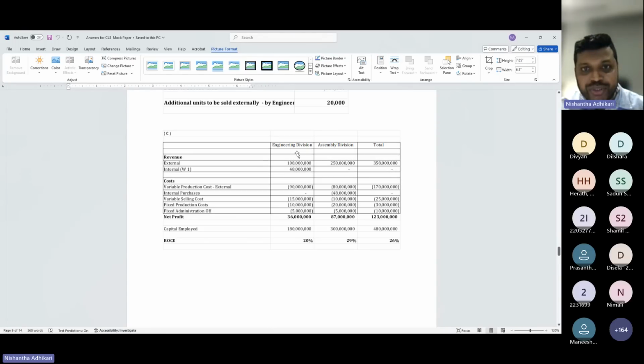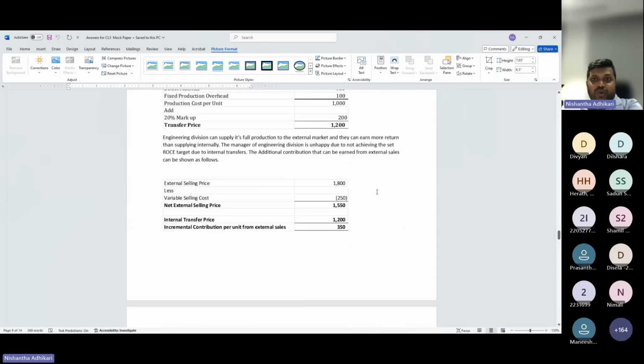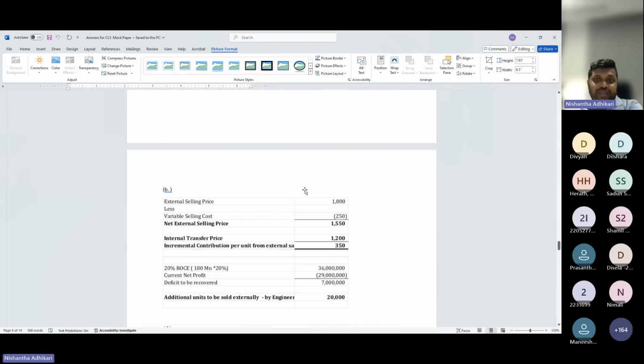Once we do it like that, you will sell 80,000 in the external market and 40,000 in the internal market. Then you will get 20% return. The assembly division also gets 29% return, but the overall company return is diluted to 26%. It is not good, because you can see the overall group return was 172 million, a 36% return.